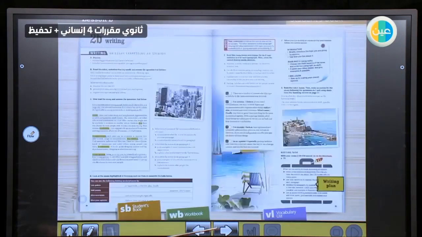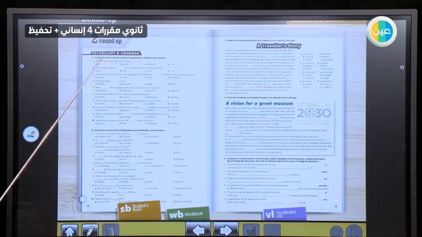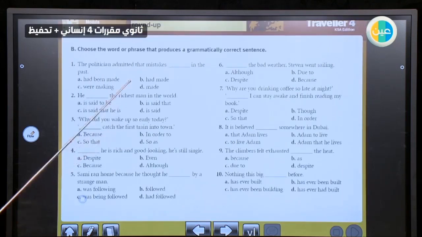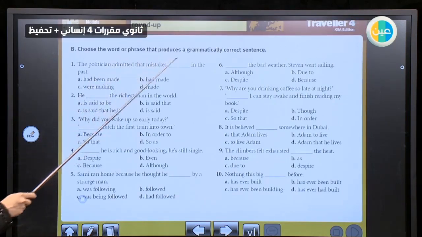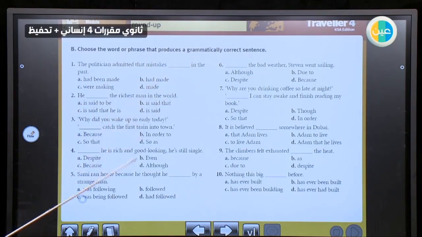Please turn to Round Up. We have here vocabulary and grammar. Let's do B, because we want to produce a grammatically correct sentence. Number 1: the politician admitted that mistakes. What about this, mistakes here?